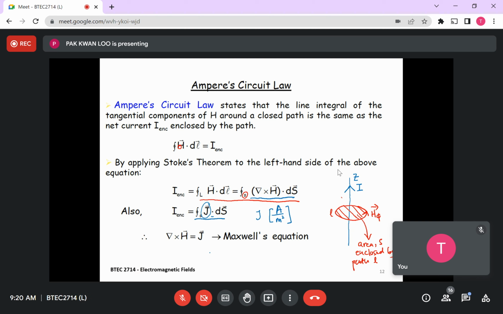Similarly, we also apply Stokes theorem, and we have a condition where the curl of E equals zero. So it's also a Maxwell equation. This is the electrostatic field. If you can't remember why this happens, please refer back to the notes.